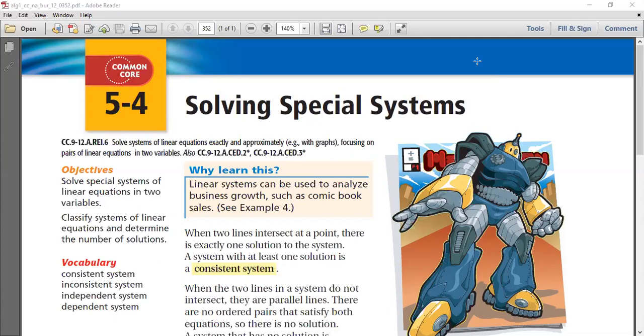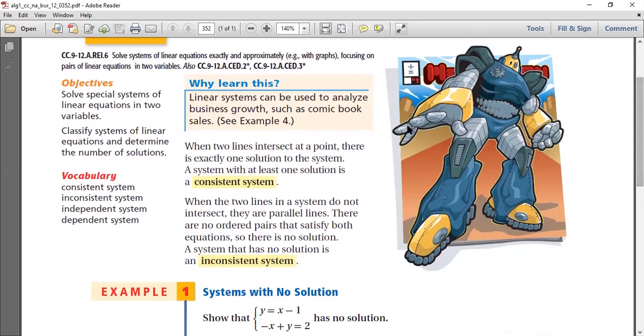Before that, there are some words you need to be familiar with. Let me teach you about these 2 new terms: consistent system and inconsistent system. A system means those systems which we have done in lessons 1, 2 and 3, which means 2 equations. Now, when 2 lines intersect at a point, that's what we have done.